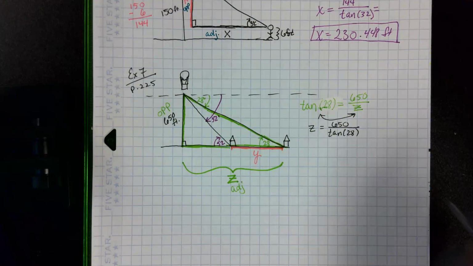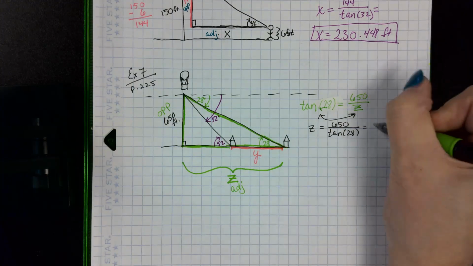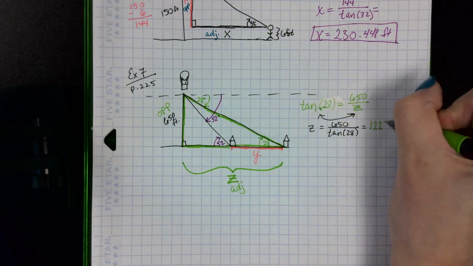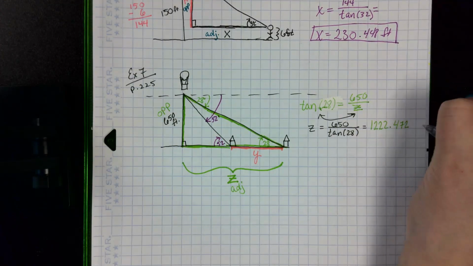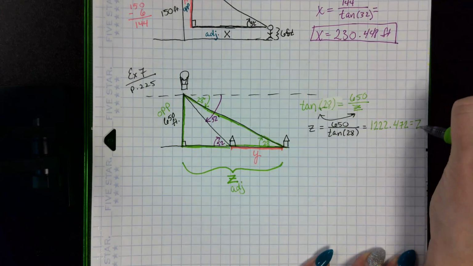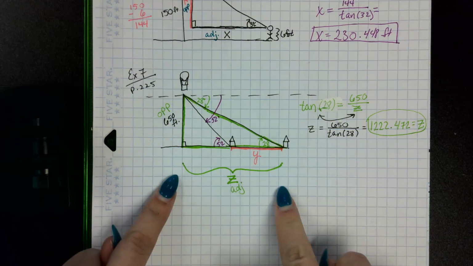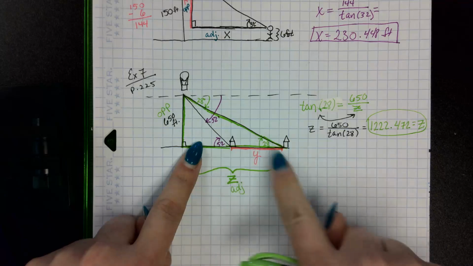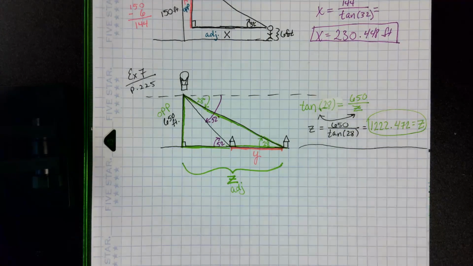And as long as you're in degree mode, you should get 1,222.472, and that is Z. I'm just going to circle that and save it for later, because I know I need the green one and then subtract the other one and it'll give me the pink one. I found that value and I'm just going to hang on to it for a minute.